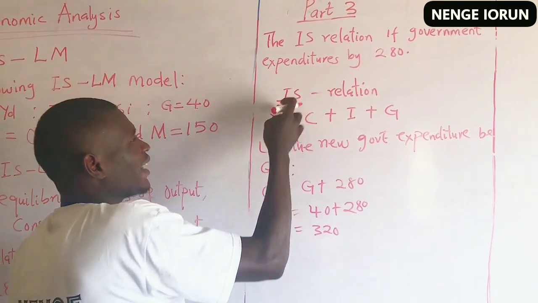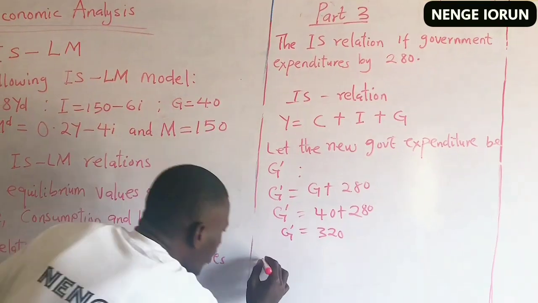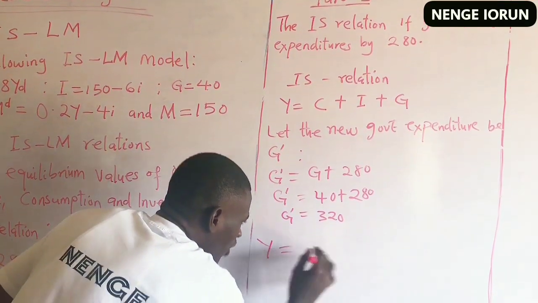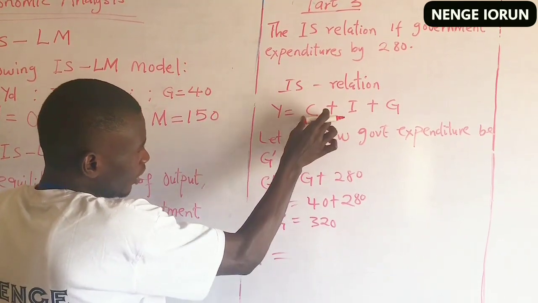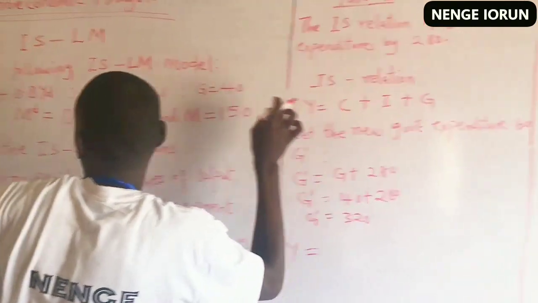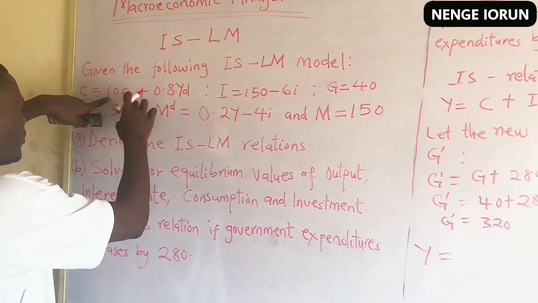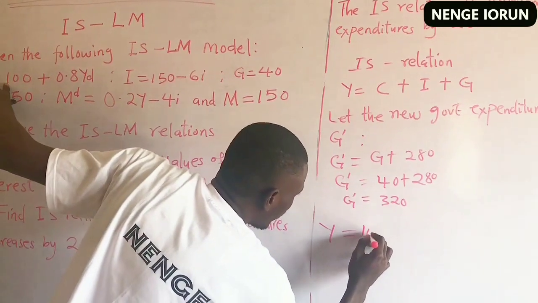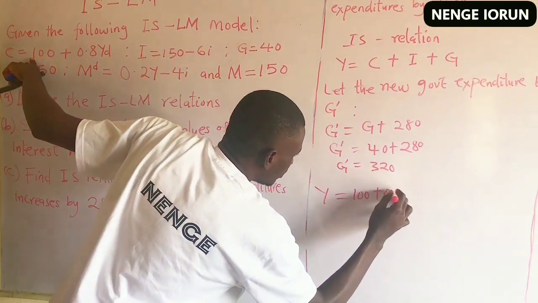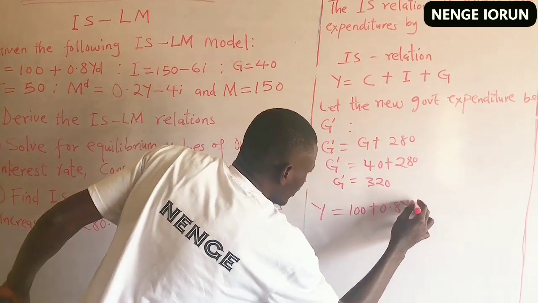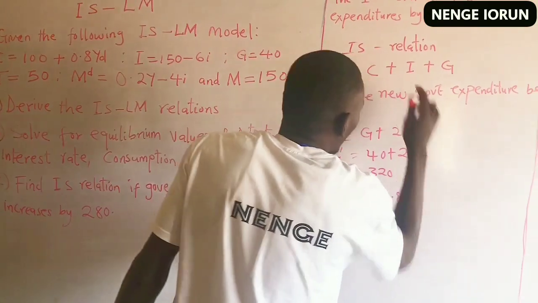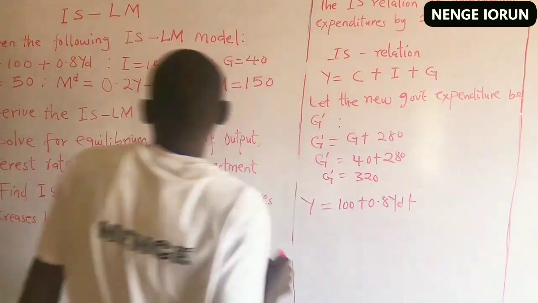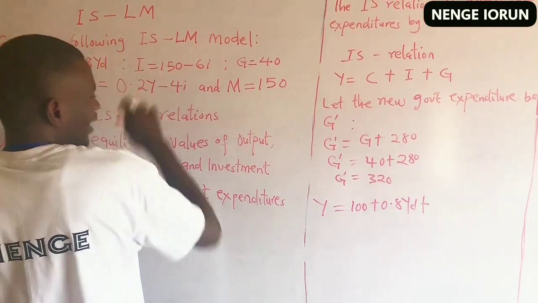Then what is the IS relation? Now, the IS relation will be output equal to consumption, and consumption is given in the question. Look at the value for consumption. We have 100 plus 0.8 YD for consumption. Then plus investment. Investment is 150 minus 6i.